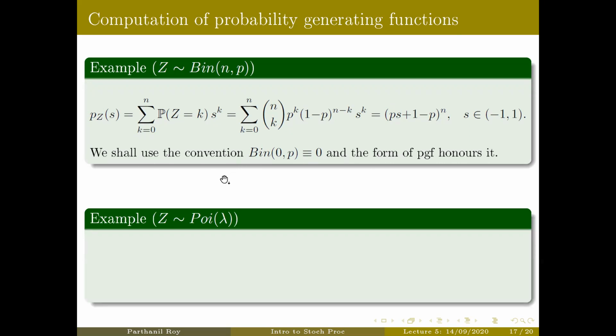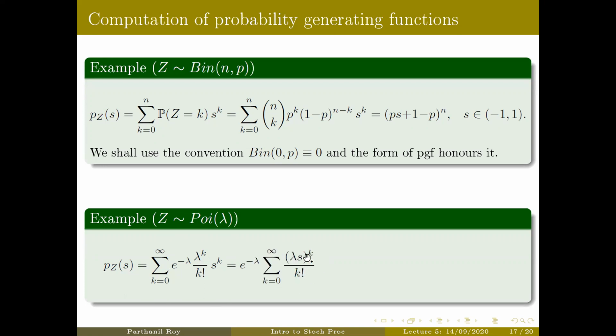Now the next example would be Z following a Poisson distribution. In this case, the PGF of Z is just this sum, because this is the probability that Z takes the value k, and then we combine this lambda with s, and we take this e power minus lambda out of the sum.